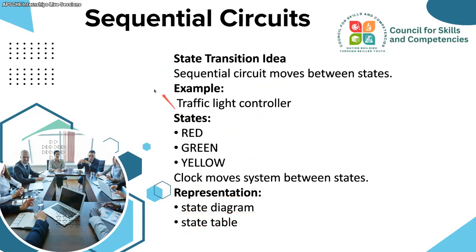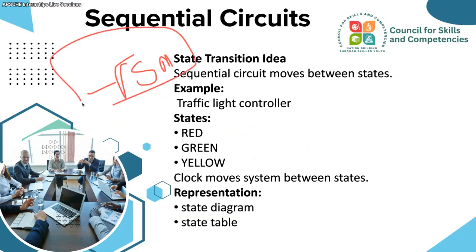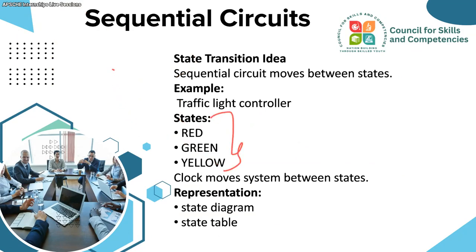I will explain the state diagram and state table when we come to the finite state machine topic. But for the time being, try to understand that one state changes to another state and then to another state, and then again changes to a state, something like that. So the sequential circuit moves between the states.